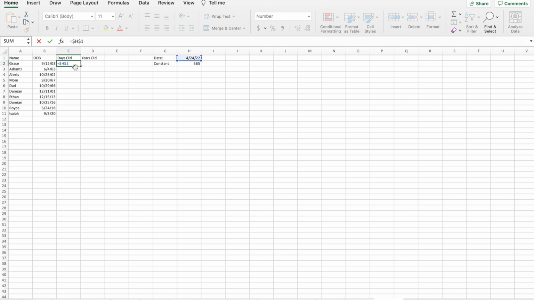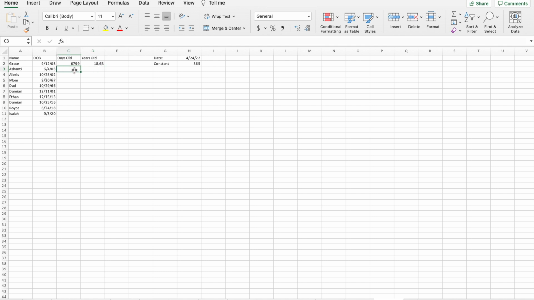So you write the equal sign. The function will be equals $H$1 minus B2, and that's for the days old they are. To find the years, you will do equal sign C2 for the days old, divided by the constant 365, and that's how you will get the years old.